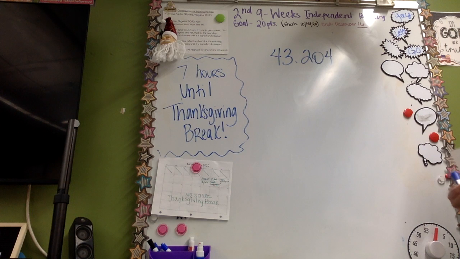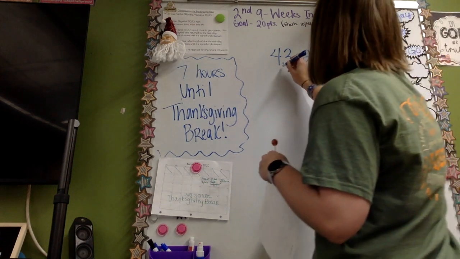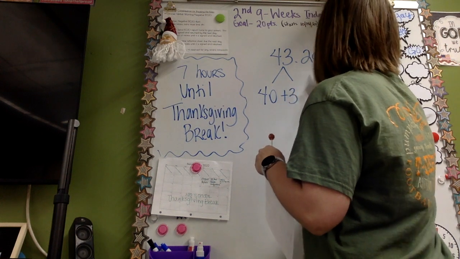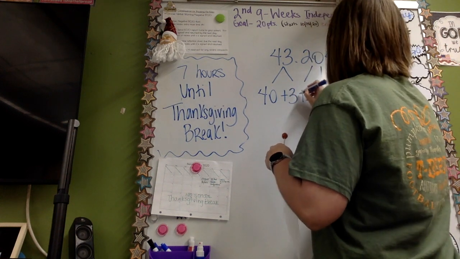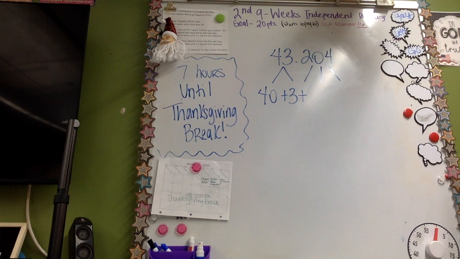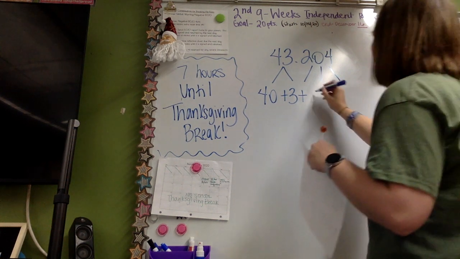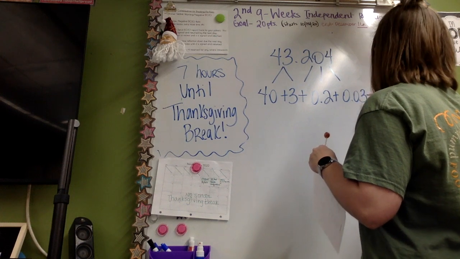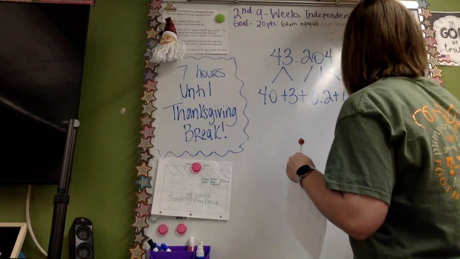I'm going to write it using just the decimals first, and then go back and write it using the fractions. Write what I write on your paper. I break down 43 into 40 plus 3, and then break down my decimal part into my 3 decimals. So I have 0.2 plus, nope, it's just zero, I had a brain fart.